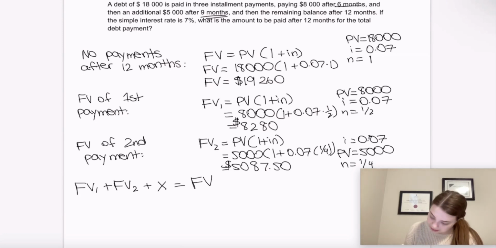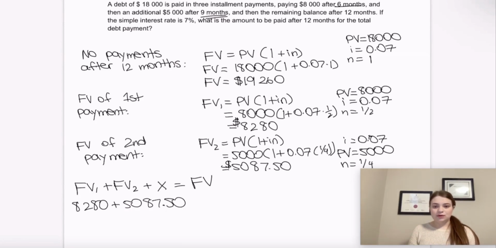So therefore, we're going to have 8,280 plus 5,087.50 because this is essentially how much we've already paid towards that balance, right? These are the equivalent amounts that would have been paid at the end, at the 12-month point, plus X is equal to 19,260.